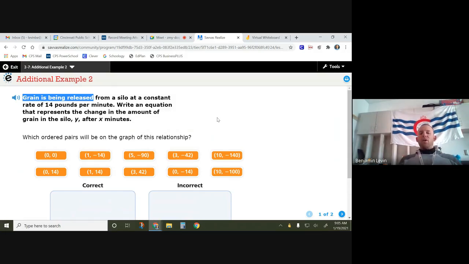And we need to write the equation that represents the change in the amount of grain that's still in the silo. So is the silo losing grain or getting more grain? Is the grain in the silo going down or is it going up?